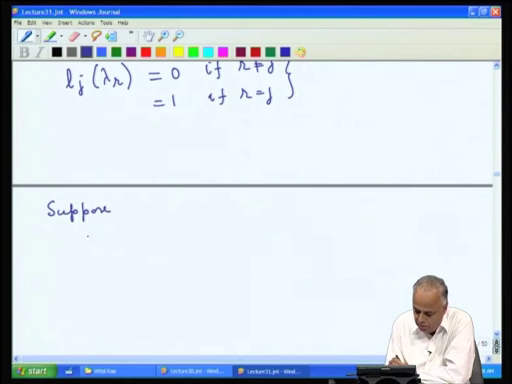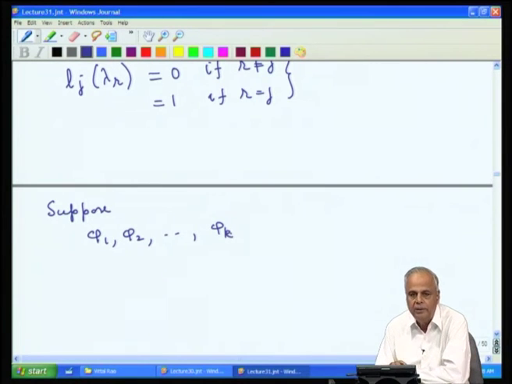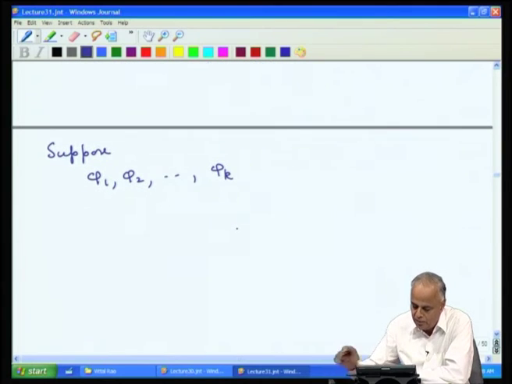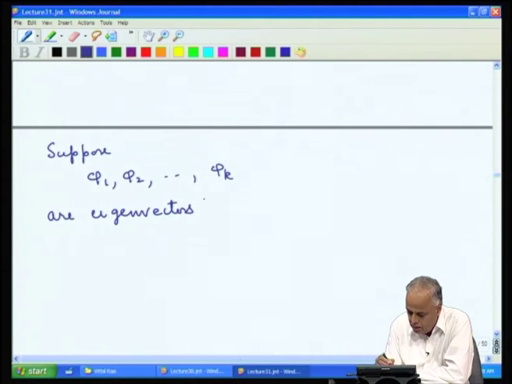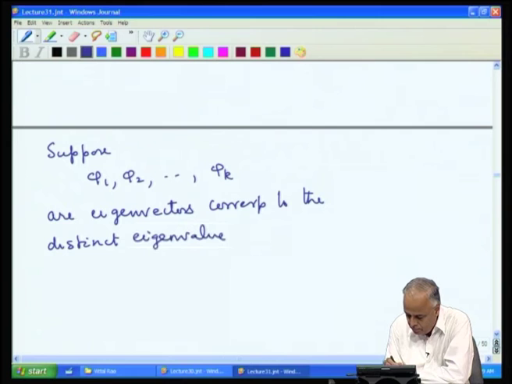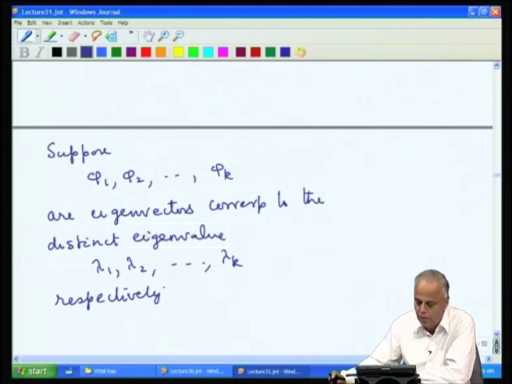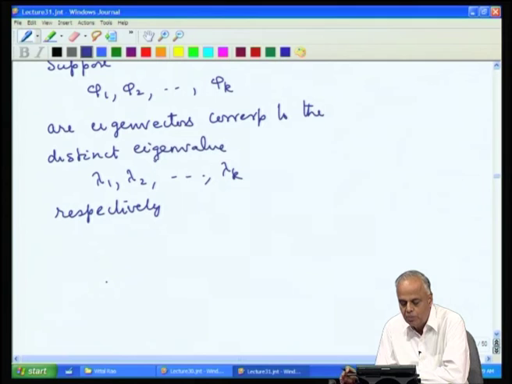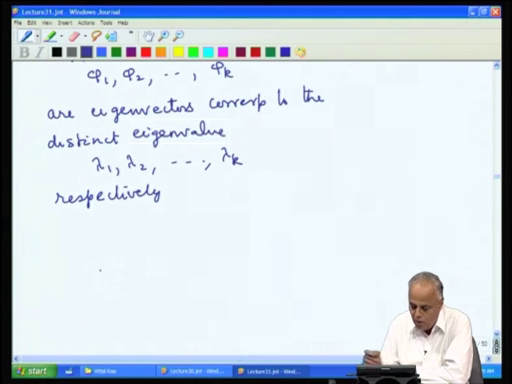Suppose phi 1, phi 2, phi k are eigenvectors corresponding to the distinct eigenvalues lambda 1, lambda 2, lambda k respectively. So, phi 1 is the eigenvector corresponding to lambda 1, phi 2 is the eigenvector corresponding to lambda 2, and so on.